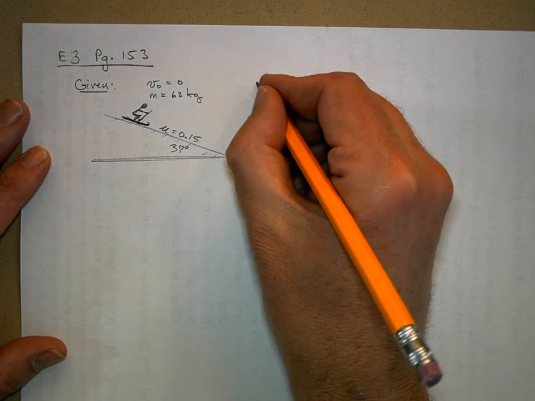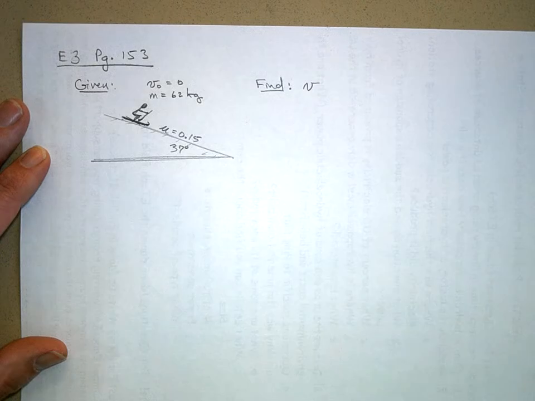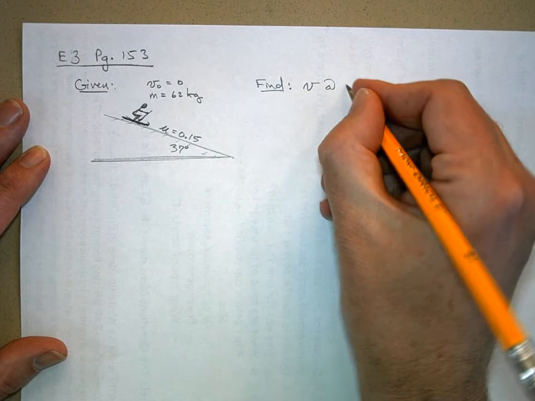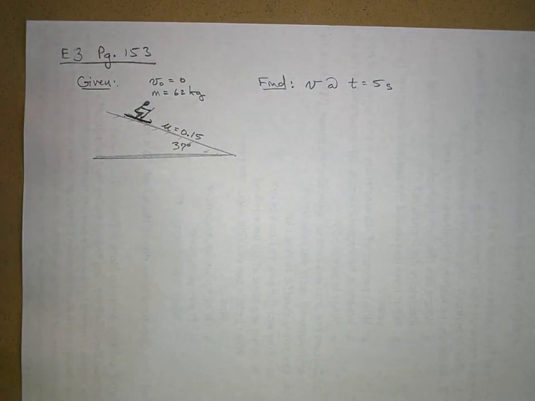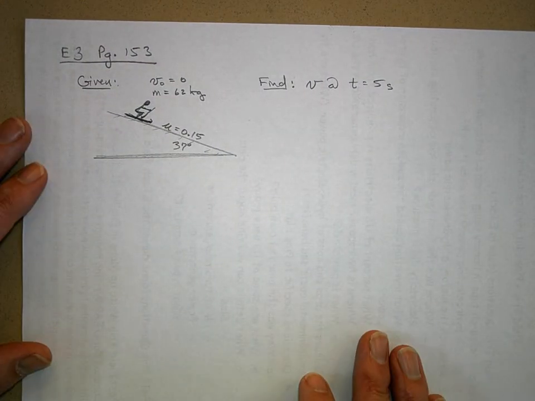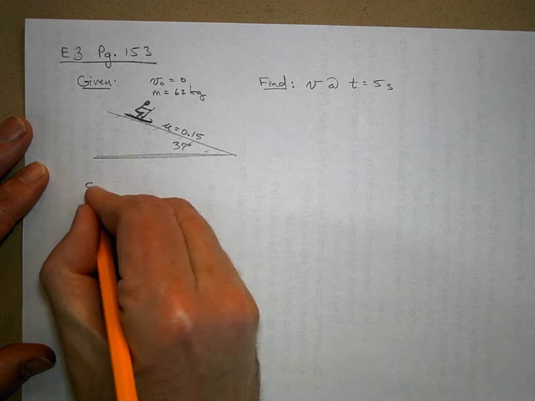And what are we trying to find? How fast is she going at t equals 5 seconds? Okay. Well, let's solve it.